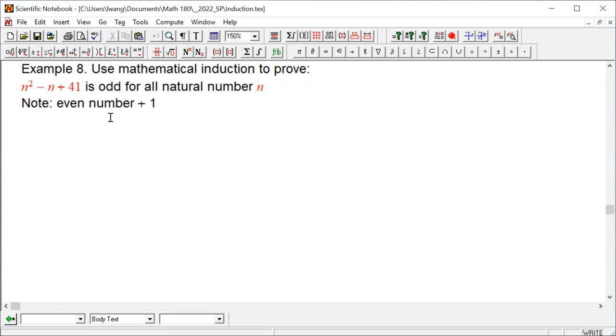If you can demonstrate you have an even number and you add 1, and you can write it in that form, then you have proved it's an odd number. But the question is, how do you demonstrate a number is even? Well, an even number is divisible by 2, right? So how does a number look if it is divisible by 2?